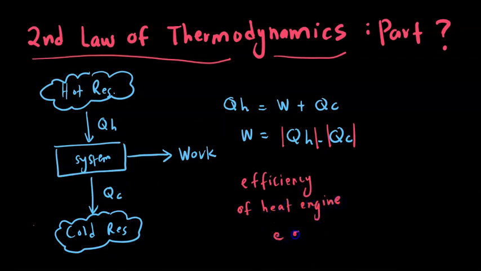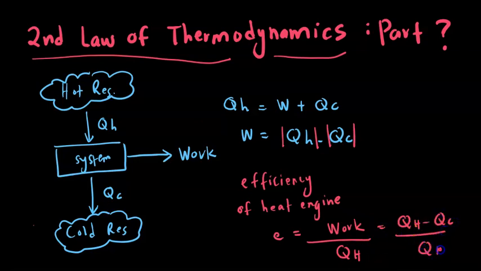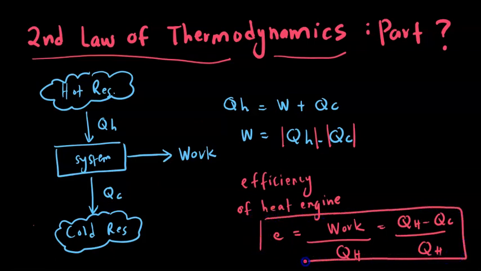So e is equal to the work done by the system over the QH that it absorbs. We already know that work is equal to QH minus QC, and QH is just QH. So this is your equation for efficiency of a heat engine.